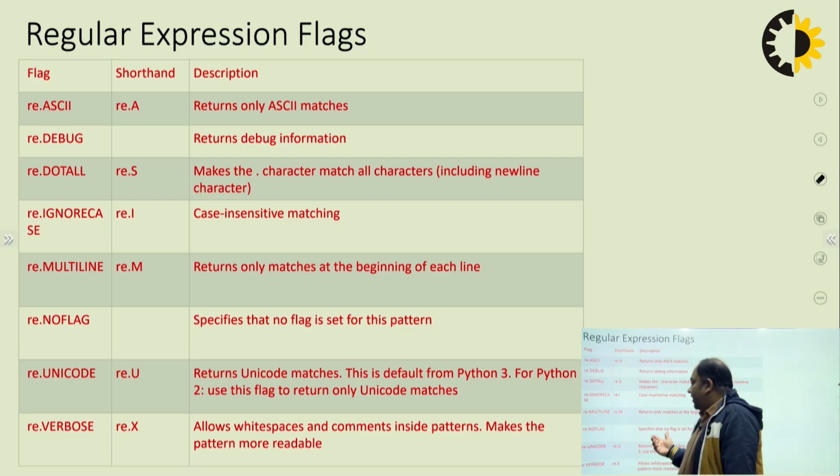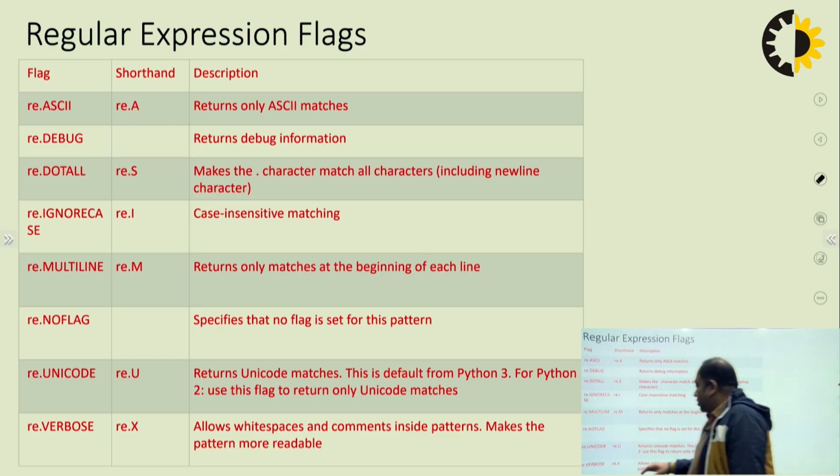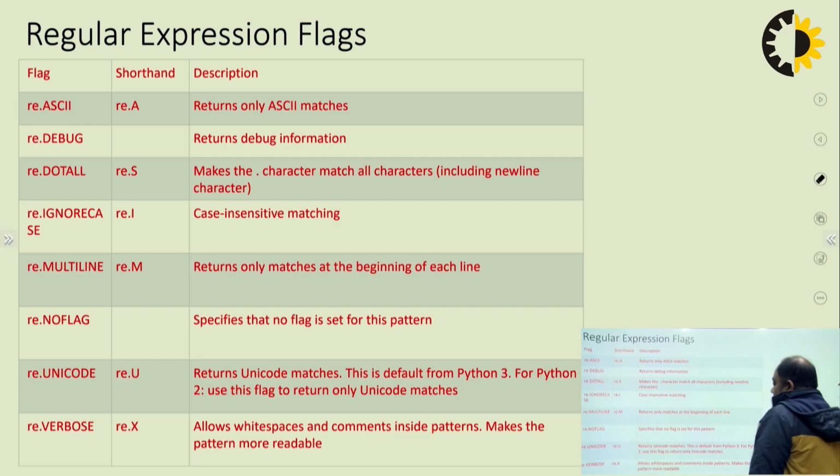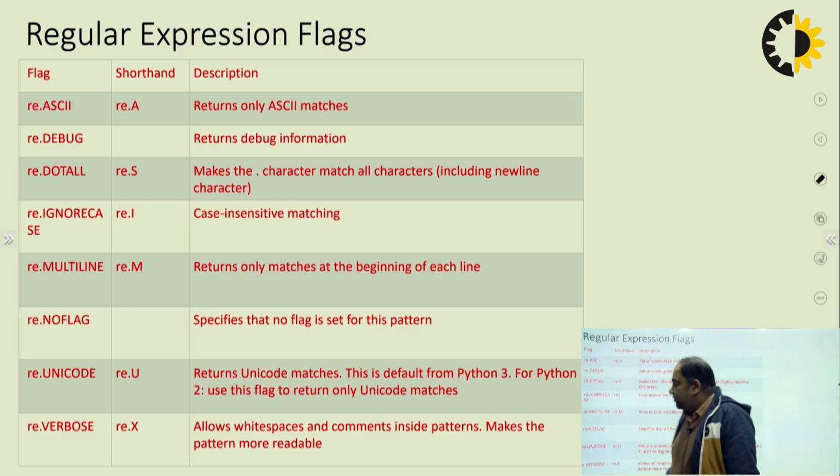For no flag, we use no flag. For Unicode, it returns Unicode matching, and it is the default for Python 3 and Python 2. And verbose, represented using re.X, allows white spaces and comments inside the patterns. So these are the flags we use for regular expressions.